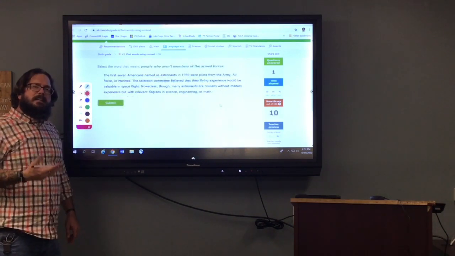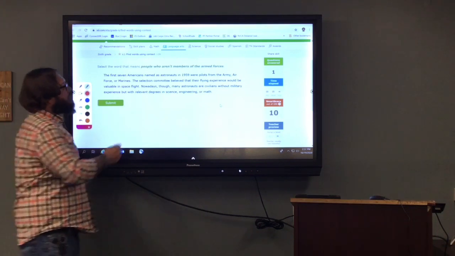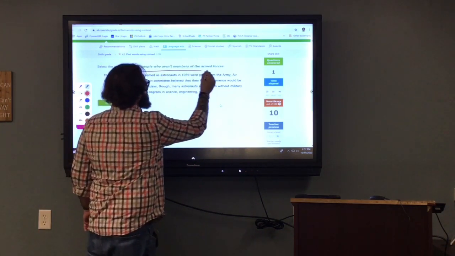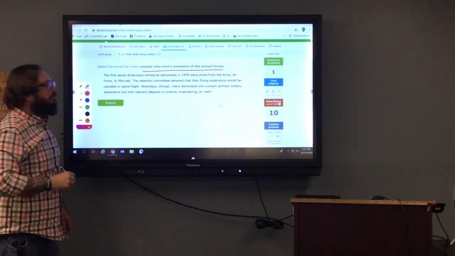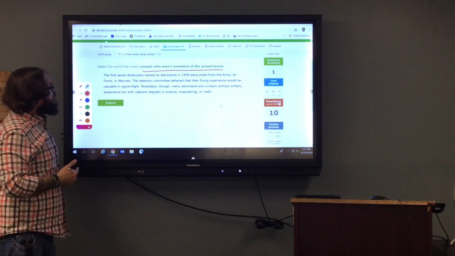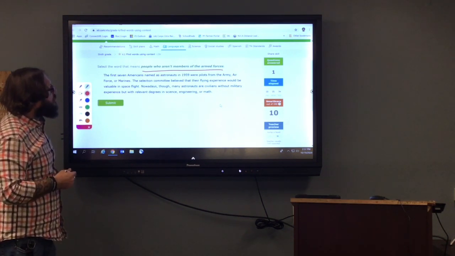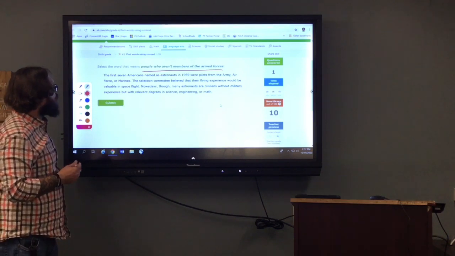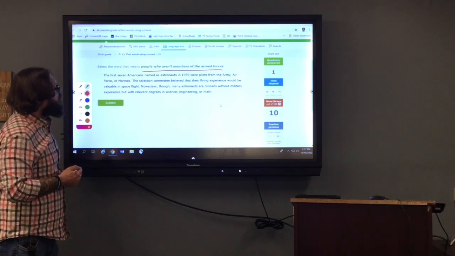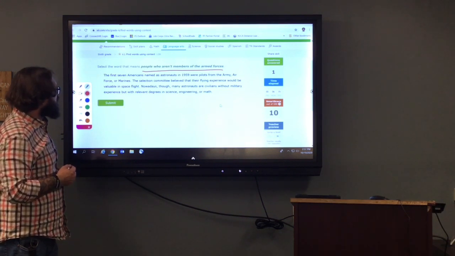Now let's see if we can identify the word that means people who aren't members of the armed forces. Let's take a look at the passage together. The first 7 Americans named as astronauts in 1959 were pilots from the Army, Air Force, or Marines. The selection committee believed that their flying experience will be valuable in spaceflight.